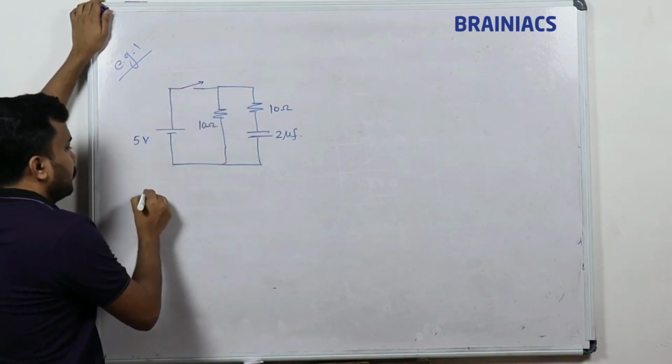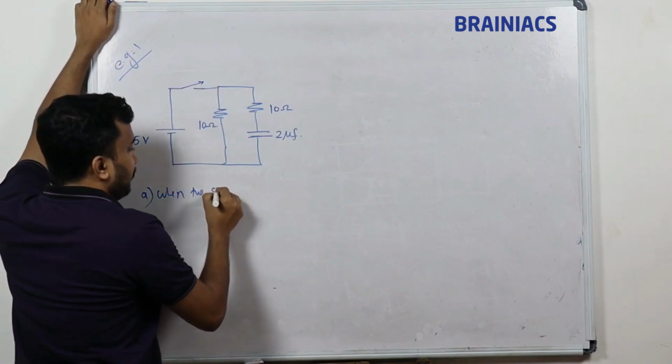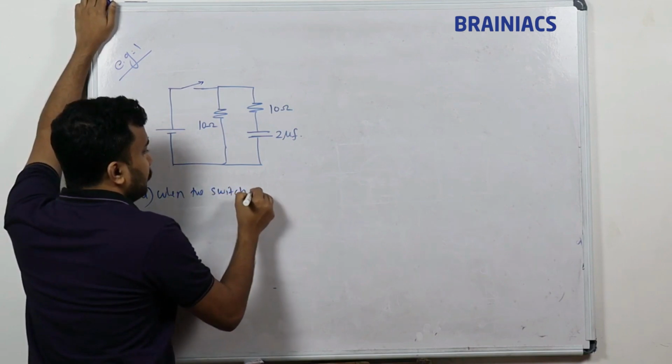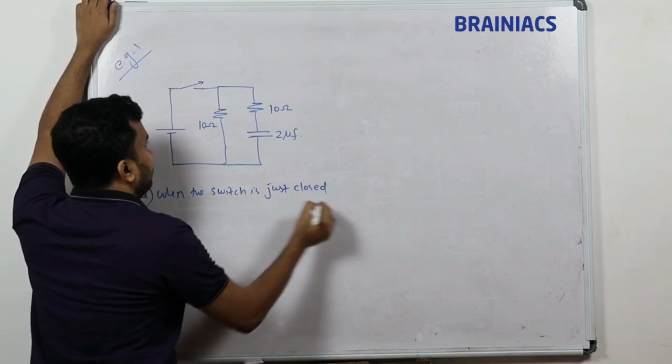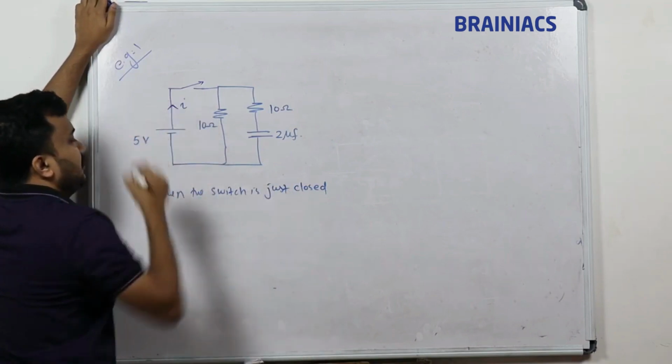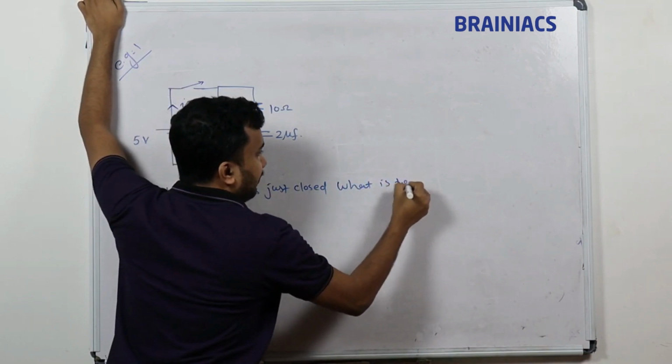So two models of questions framing. First question: when the switch is just closed, what is the value of current?